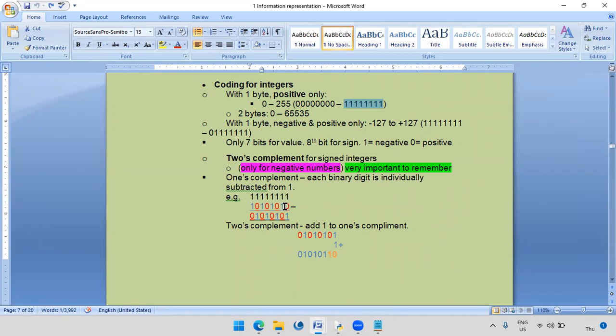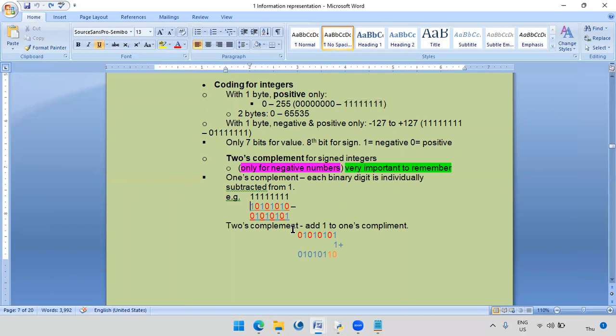This is the number to be converted. You deduct this from 1, 1, 1, 1, 1. So 1 minus 0 is 1. 1 minus 1 is 0. 1 minus 0 is 1. 1 minus 1 is 0. So it goes on. What is the result? This number has got inverted. All the ones have become zeros and the zeros have become ones.